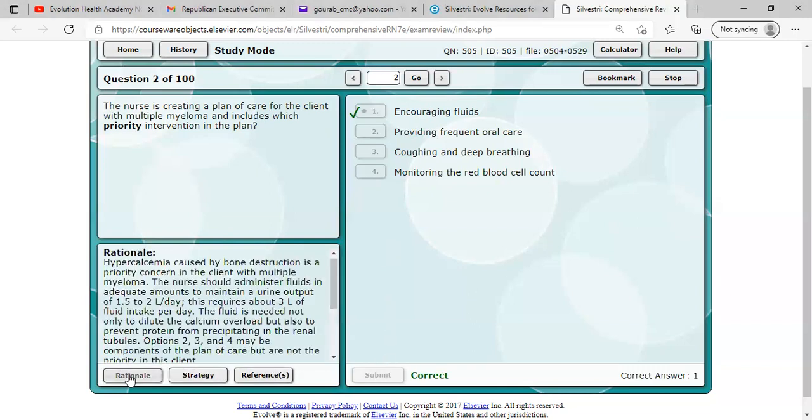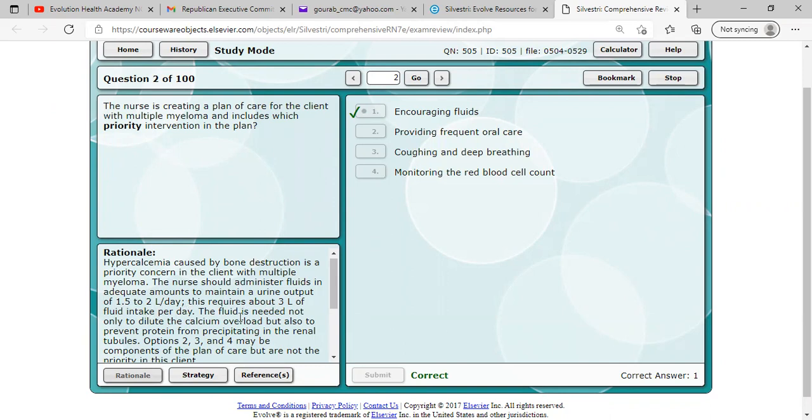Let me read their rationale. Hypercalcemia caused by bone destruction is a priority concern in the client with multiple myeloma. The healthcare provider should administer fluid in adequate amounts to maintain urine output. Usually the amount of fluid should be 1.5 to 2 liters, and some books say 3 liters per day.